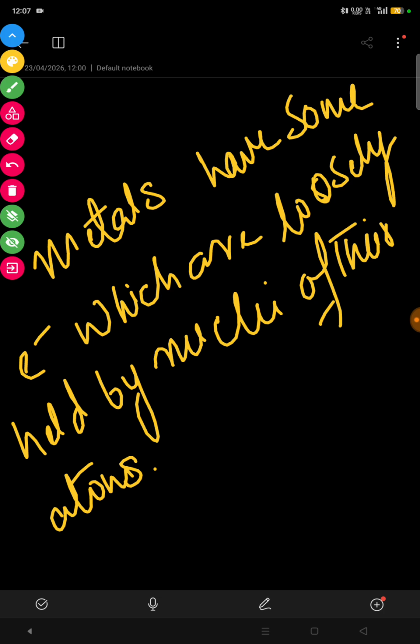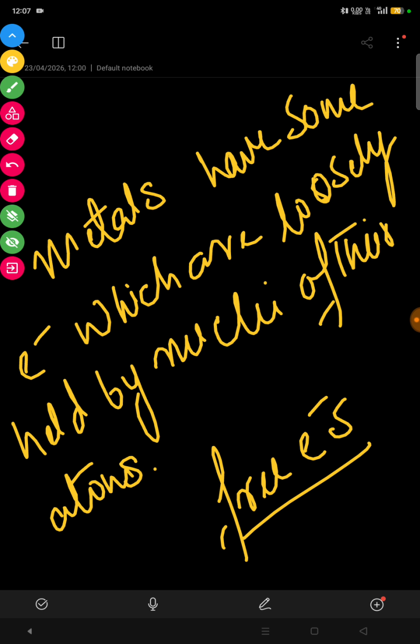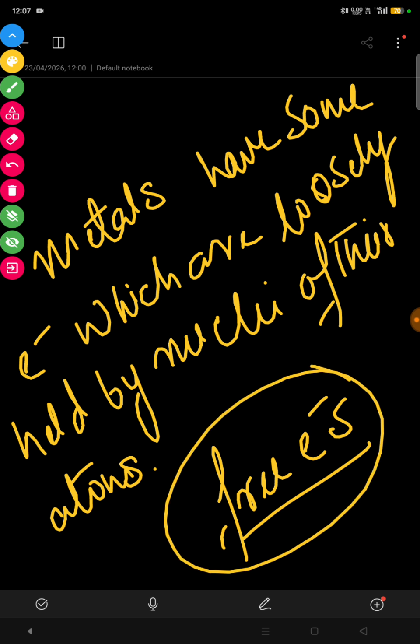These loosely bound electrons are called free electrons. These free electrons can move from one atom to another throughout the conductor. The presence of free electrons in a substance makes it a conductor of electricity.